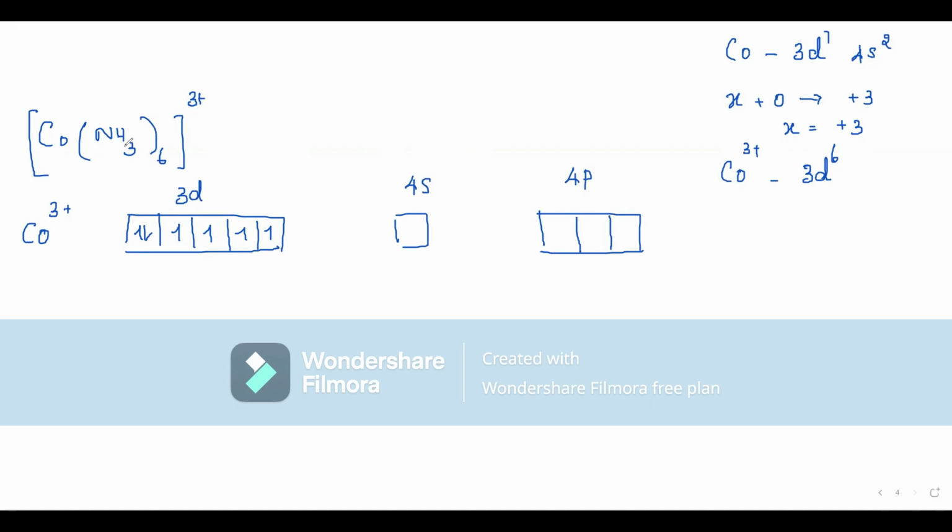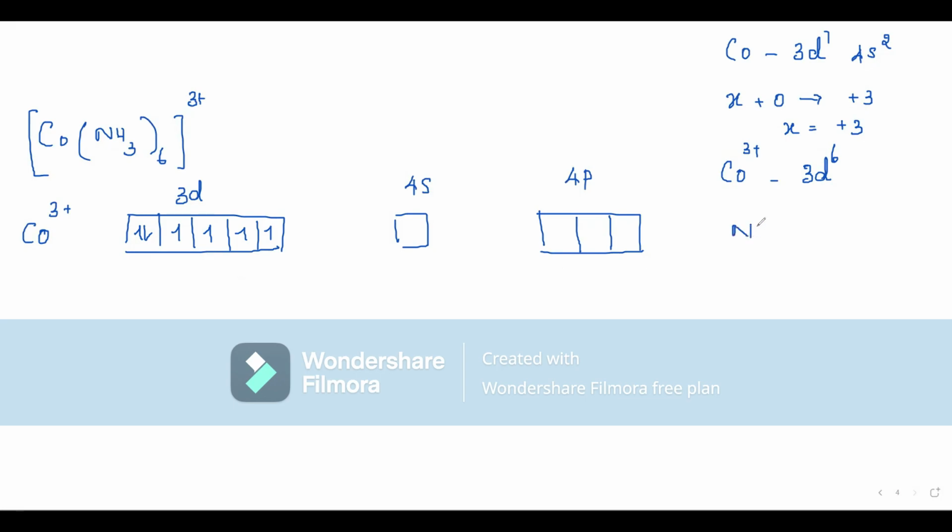Now, how many ligands are there? 6 ligands are there, and you need 6 empty orbitals. Even if you take the 4p now, you have only 4 orbitals, but you need 6 of them.